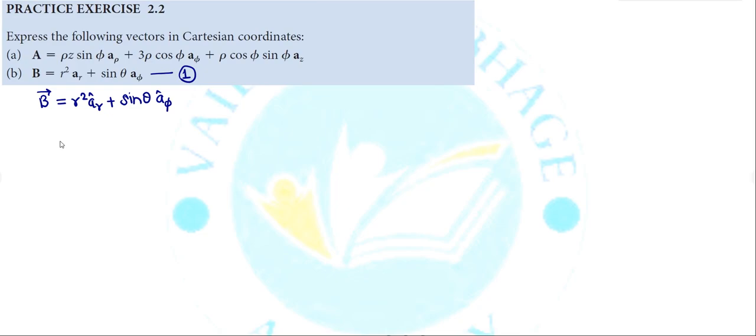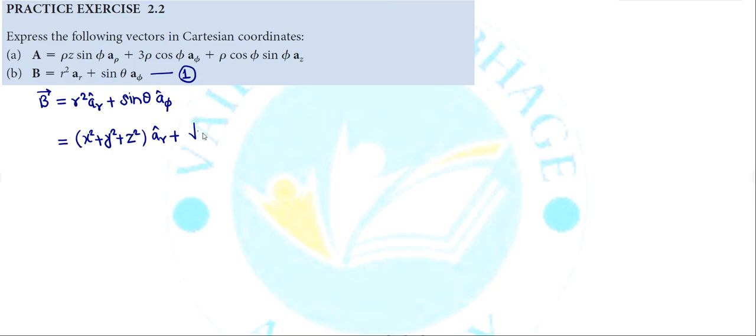Okay, now what is that r square? So r square, that we have already written, that r is nothing but what? Square root of x square plus y square plus z square. So that r square will be what now? X square plus y square plus z square ar cap plus sine theta, that we have already derived.